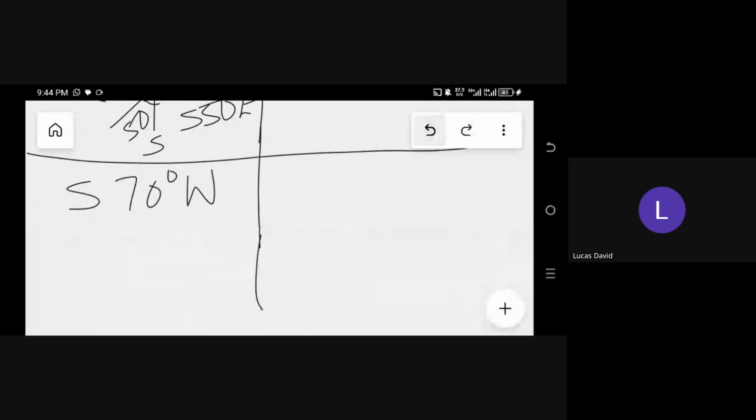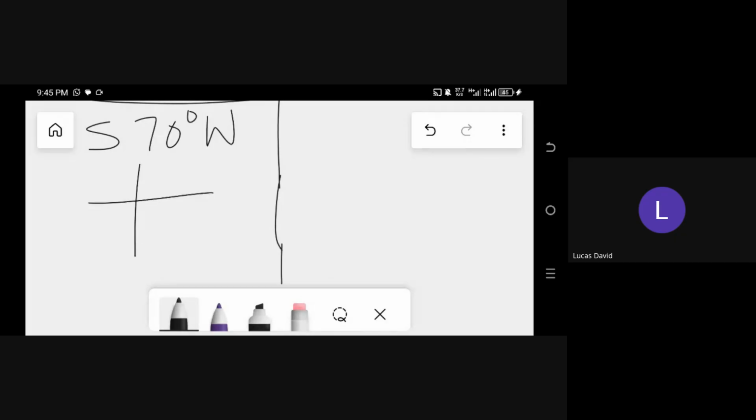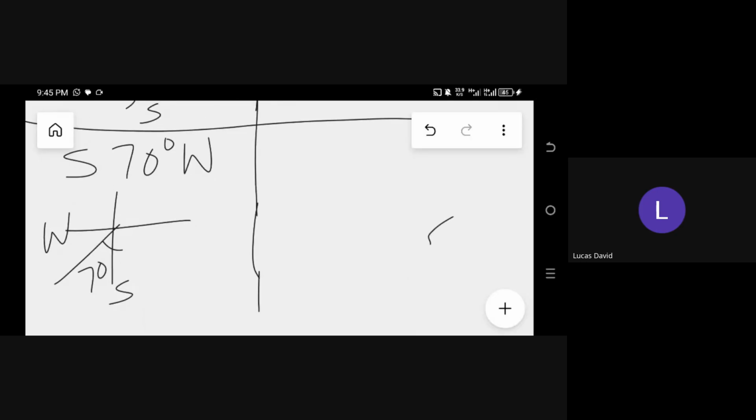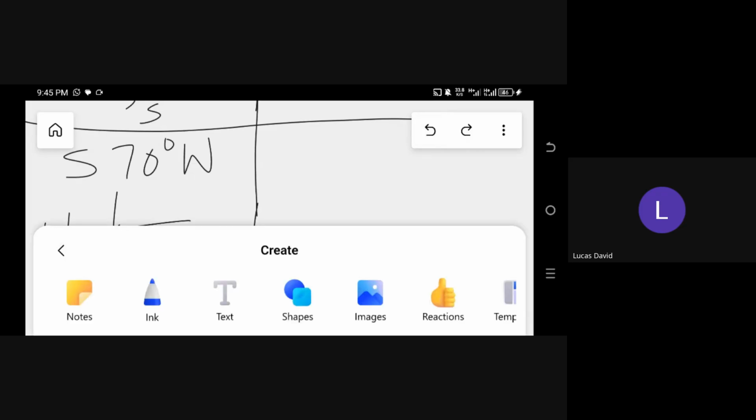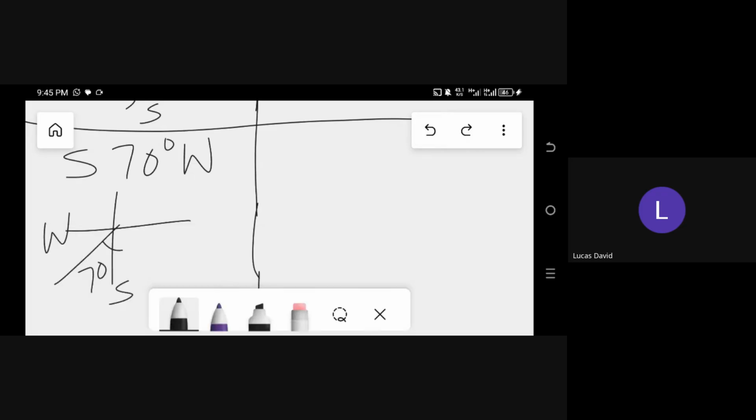Okay, so let's test Lucas's answer to see if it's actually 250 degrees. First off, we'll have south 70 degrees west, so we'll have the 70 degrees here because this is the south and this is the west. Now if we are to convert this to a three-digit bearing, you can see the south is a compass bearing.